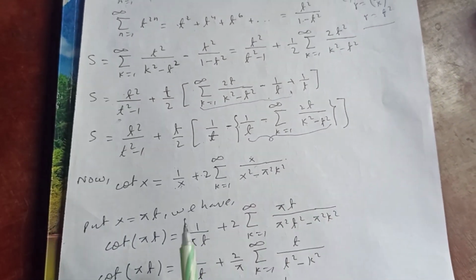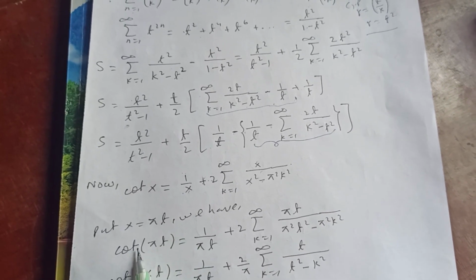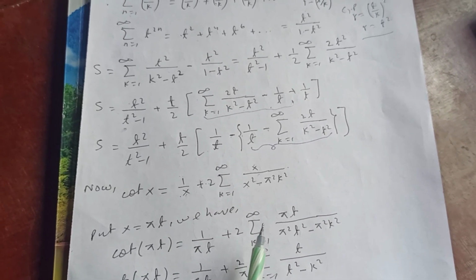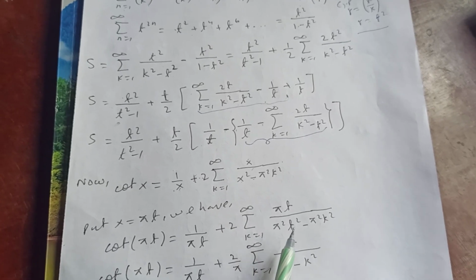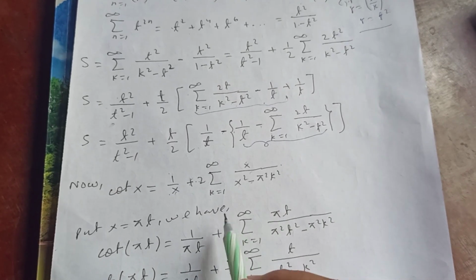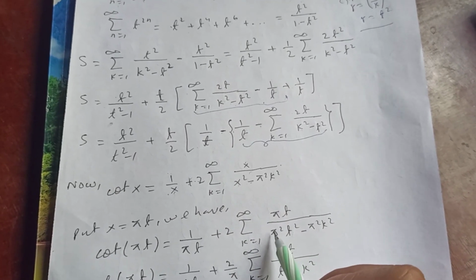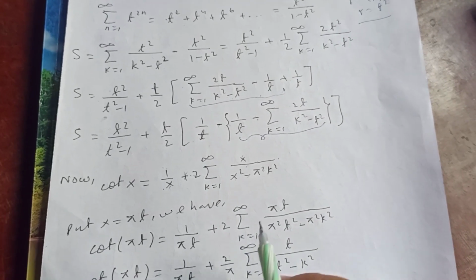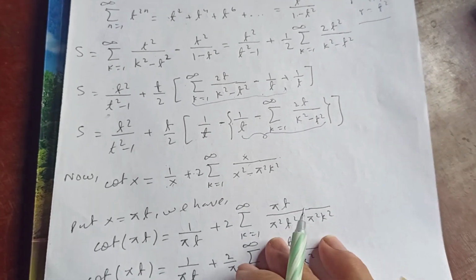Now if you substitute x equal to pi t, we have cot pi t is 1 over pi t plus 2 times sum from k equal to 1 to infinity pi t upon pi square t square minus pi square k square. Here pi square is common.